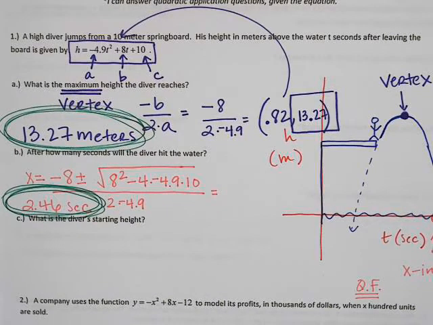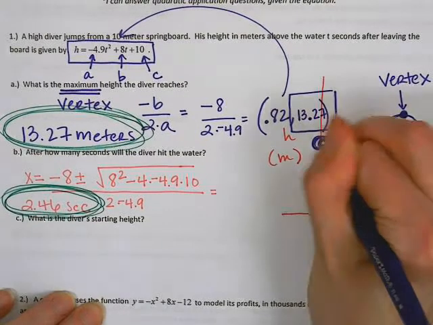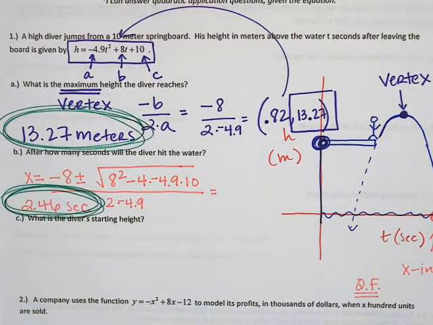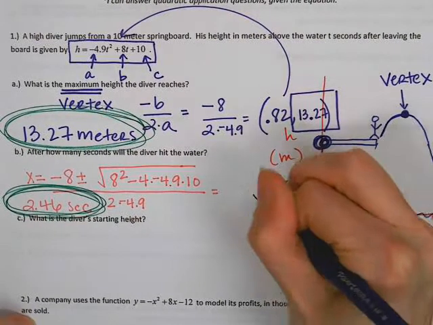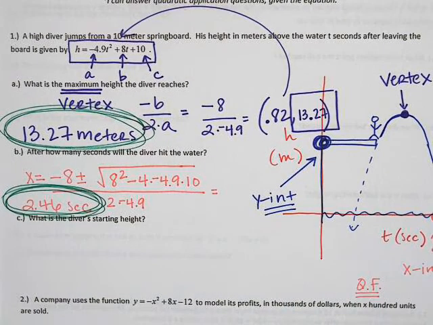Okay, lastly, C. What is the diver's starting height? That's going to be right here when he starts. Now, what is that called? The starting height is called the y-intercept. Do you guys remember how to find the y-intercept?